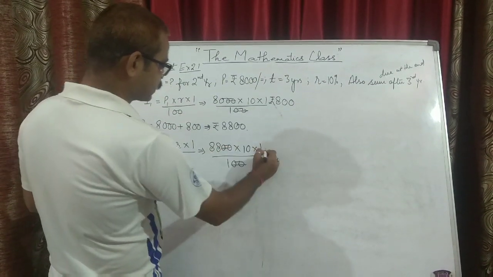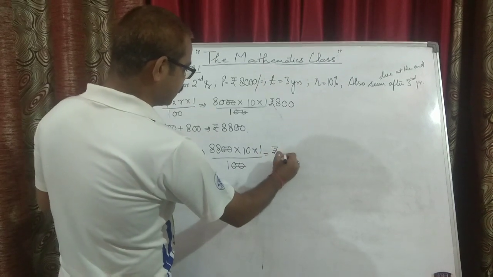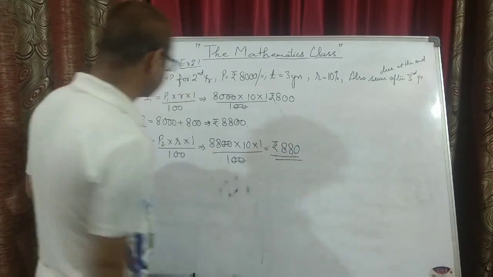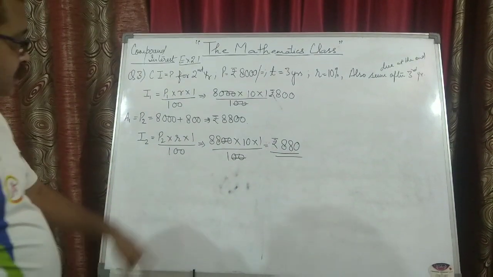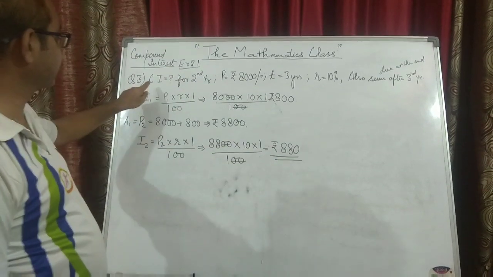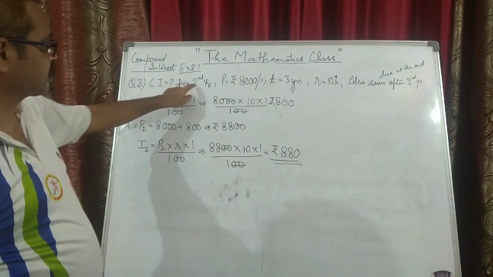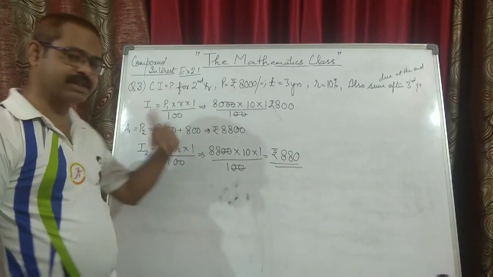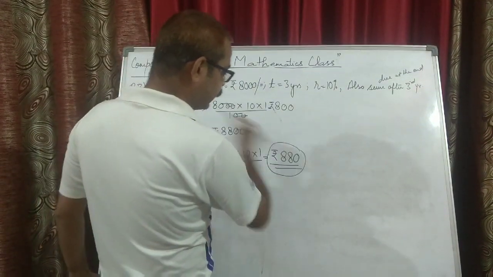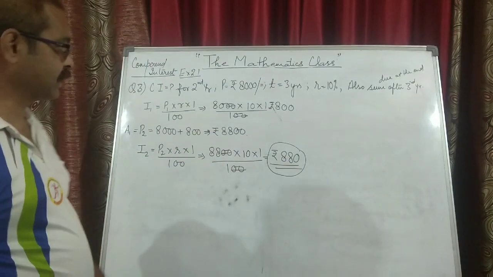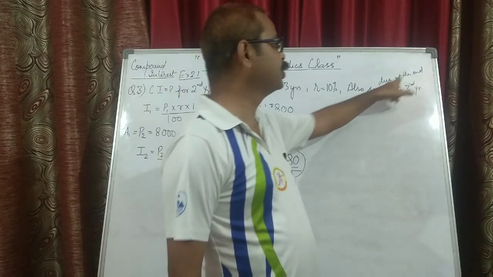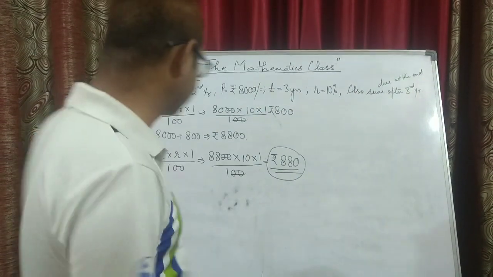Zeros cancel, final value is rupees 880. This is the interest, or compound interest, for the second year.